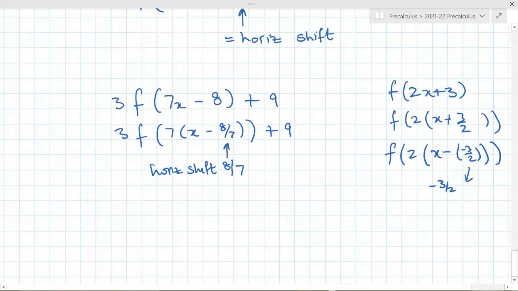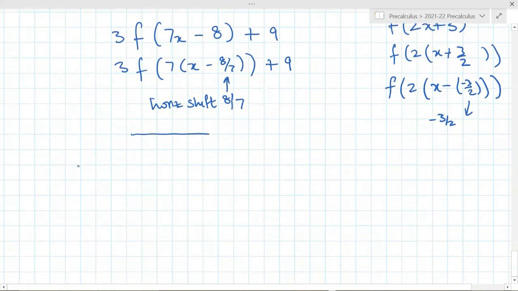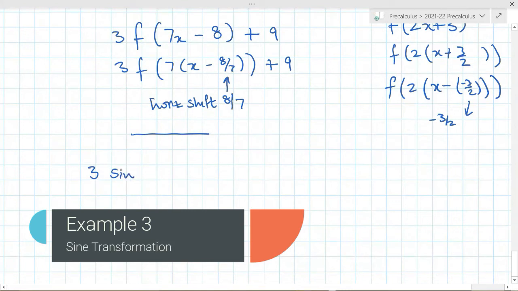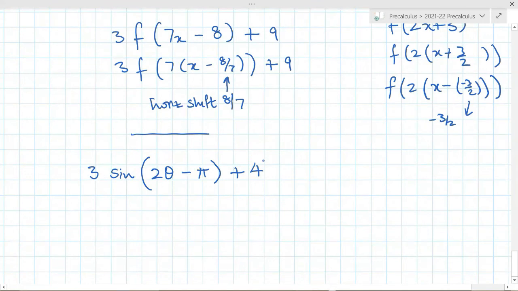So let's look at how the same things apply for a sine function. If we do something like 3 sine 2 theta minus pi, plus 4, vertical stretch and vertical shift are very clear. But if I want to know the horizontal shift, I need theta minus, not 2 theta minus, right?